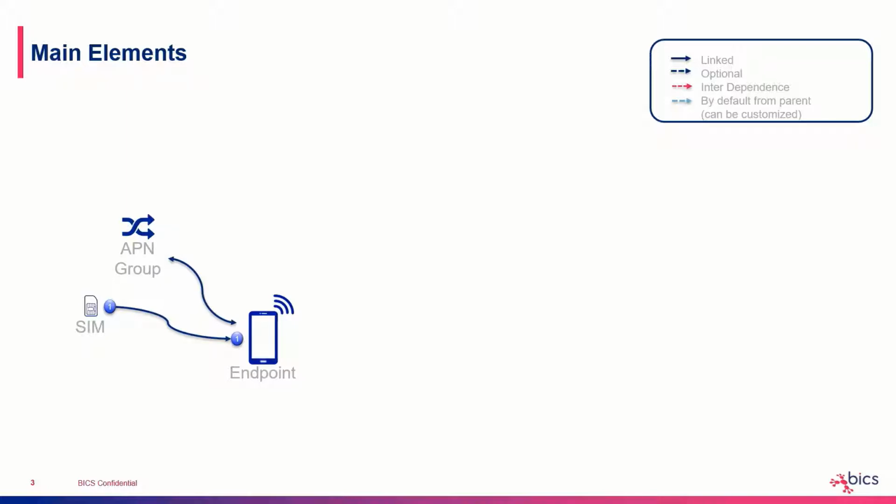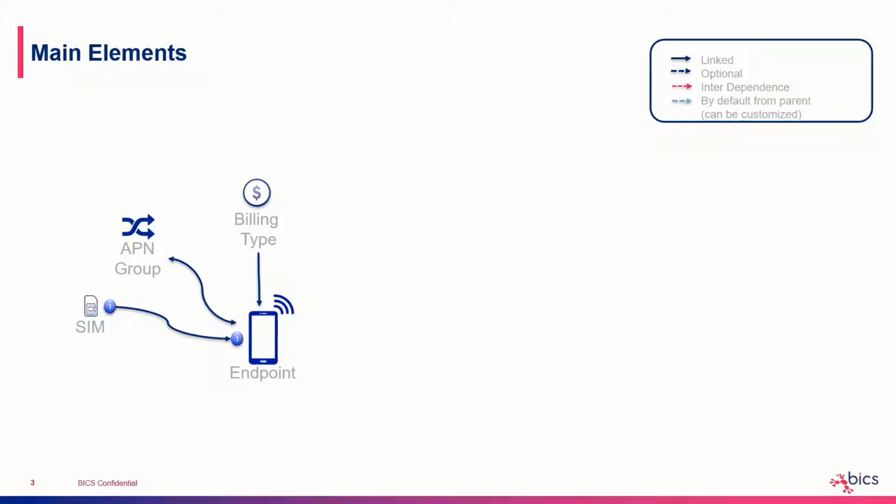For each endpoint, you can define the billing type. The billing type can be postpaid or prepaid. It will be completely independent from the commercial relation between you and BICS. For postpaid, the consumption made by the endpoint will be accumulated over the month and gets automatically reset at the end of the month.